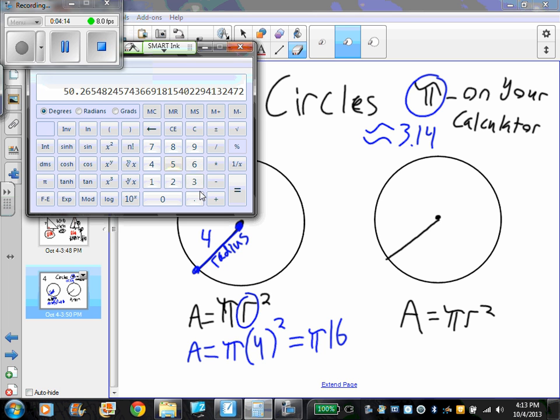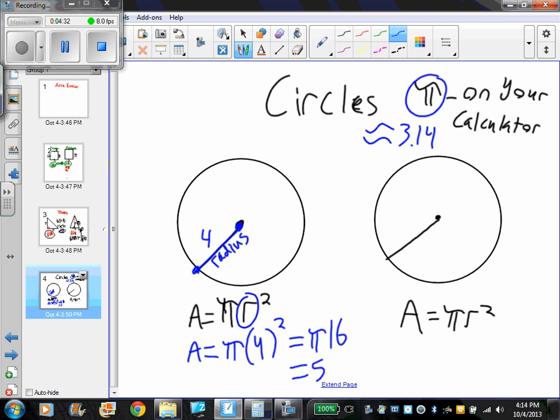So what you'll have is 16 times pi, then you hit enter. And we're going to round to 2 decimal places. The calculator says 50.265, so we're going to change that to 50.27. So that's one example of a circle.